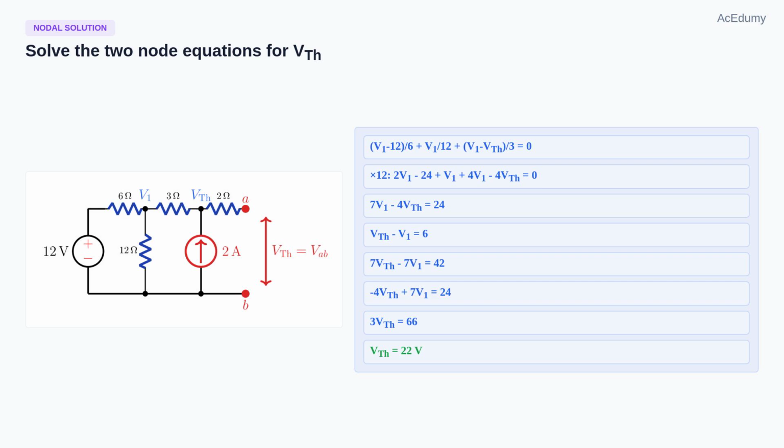We get 2V1 minus 24 plus V1 plus 4V1 minus 4Vthevenin equals 0. Combine like terms. 7V1 minus 4Vthevenin equals 24. Together with Vthevenin minus V1 equals 6, solving gives Vthevenin equals 22 volts.